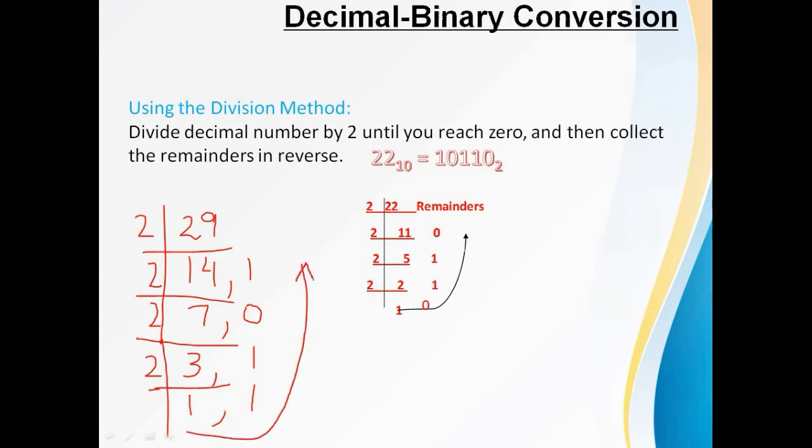From bottom to top we have to write 29 base 10 is equal to 11101 base 2. We have to write base 10 and base 2. It is important because by the base only we will be able to know the number system.